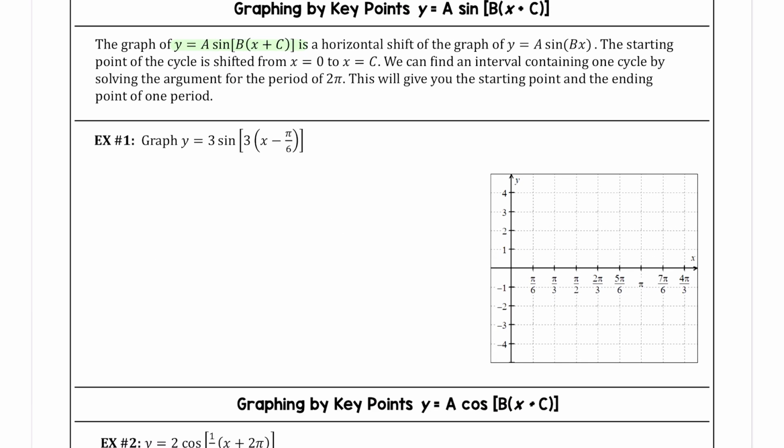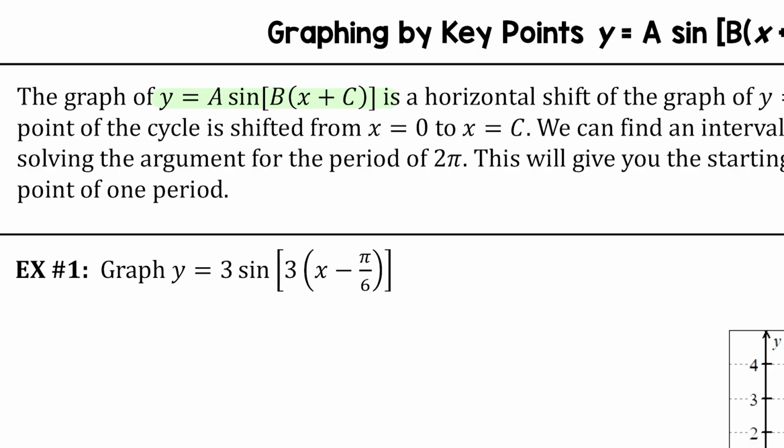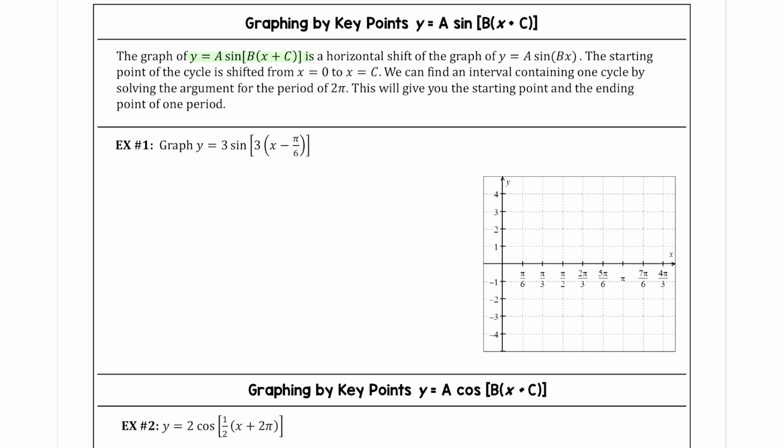There's a code on IXL for this, but the way it does it is not the same as the way we do it. Basically on IXL they distribute that b. So instead of b and then parentheses x plus c, it's like b times x plus b times c. But we're gonna do it this way.